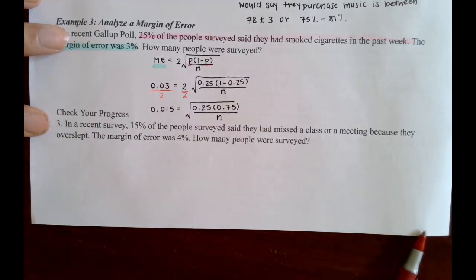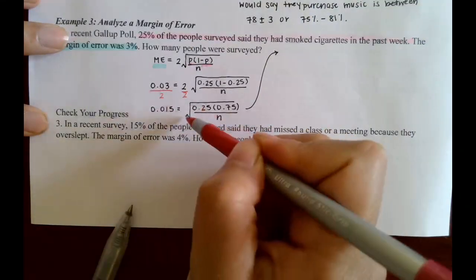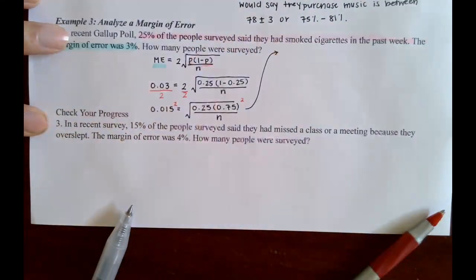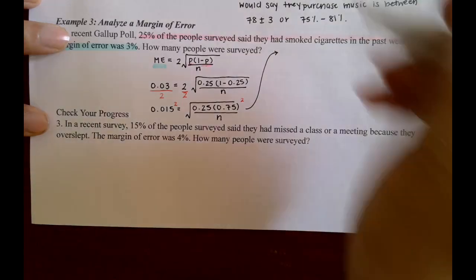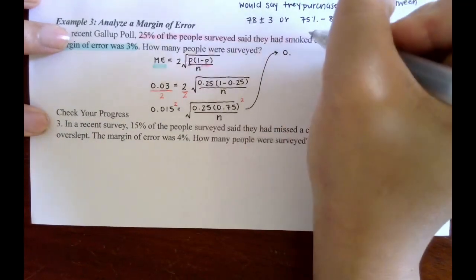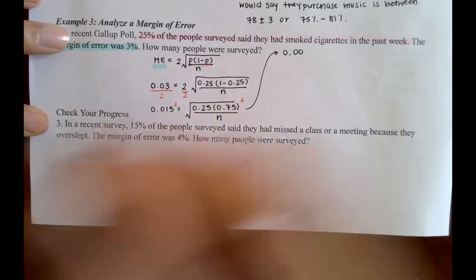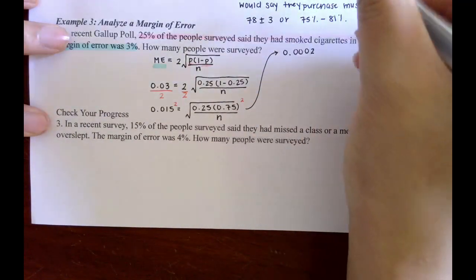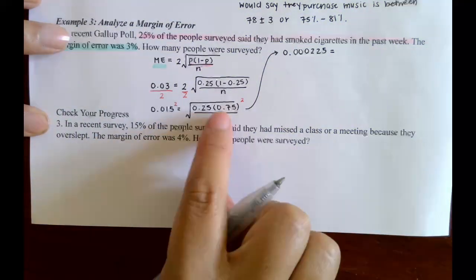Then, what I'm going to do, running out of space, is to get rid of the square root, I'm going to square both sides. So squaring 0.015 is 0.000225 equals, and then so I'm just going to simplify this.